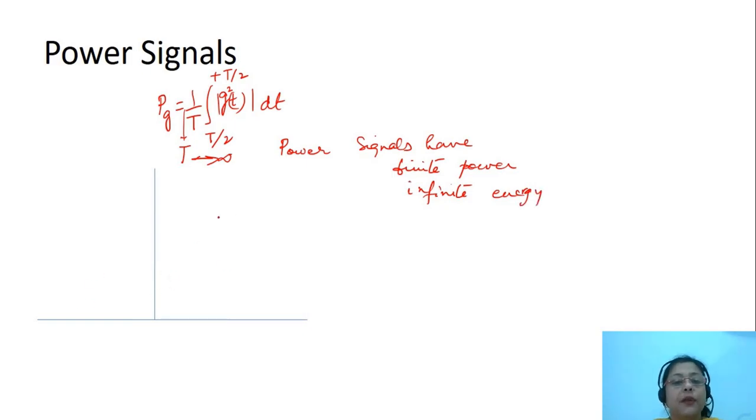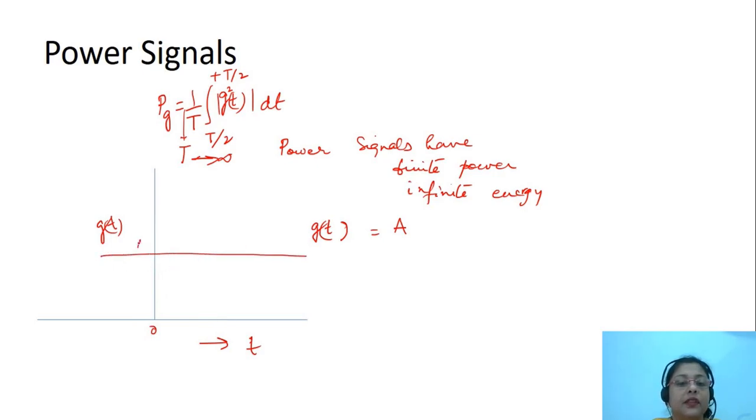So an example of power signal can be if g(t) is equal to A. That means g(t) is equal to A means this is the value of the signal. Now if you want to find out the power of the signal, Pg is equal to the limit as T tending to infinity of 1 by T times the integral from minus T by 2 to plus T by 2 of A square dt.